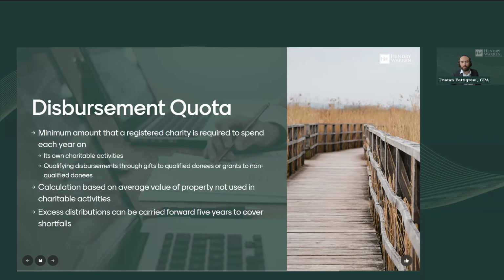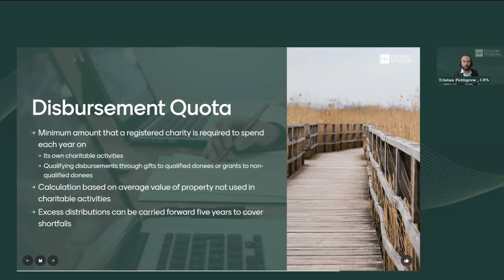Once that figure has been determined, a rate or percentage is applied to it in order to calculate the disbursement quota. It should be noted that the CRA does allow for an accumulation of a certain amount of non-charitable property before a disbursement quota is calculated. For public and private foundations, this threshold is $25,000, and for all other registered charities, this threshold is $100,000.